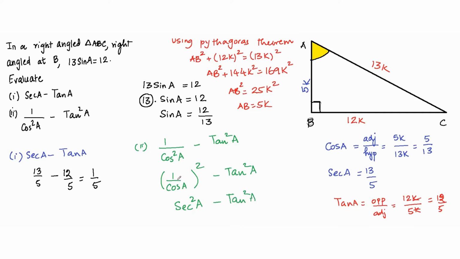Because I know that the reciprocal of cos is sec. So 1 by cos A is going to be sec A. That is 13 by 5 the whole square minus tan A, which is 12 by 5 the whole square. That's going to be 169 by 25 minus 144 by 25. If you simplify, because 169 minus 144 is 25, the answer is 25 by 25, which is equal to 1.